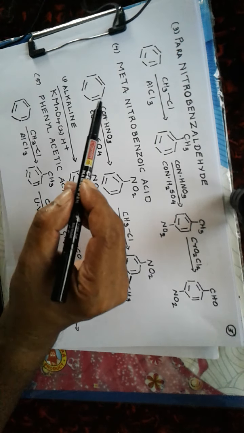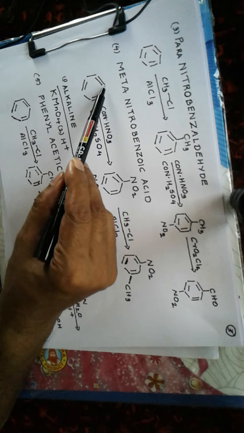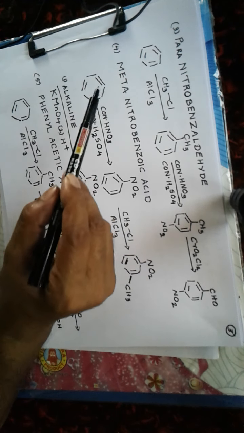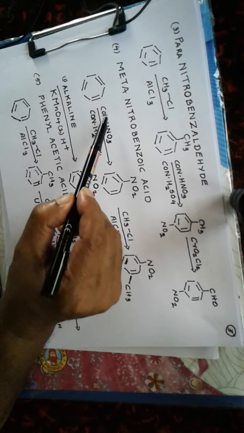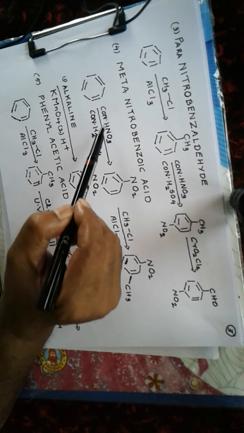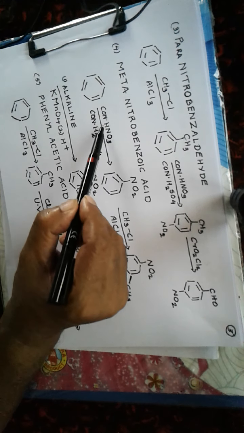Now we can first start with benzoic acid and then nitrate it. For that, you have to again pass through the methyl derivative of benzene, that is a reaction with CH3Cl and AlCl3.